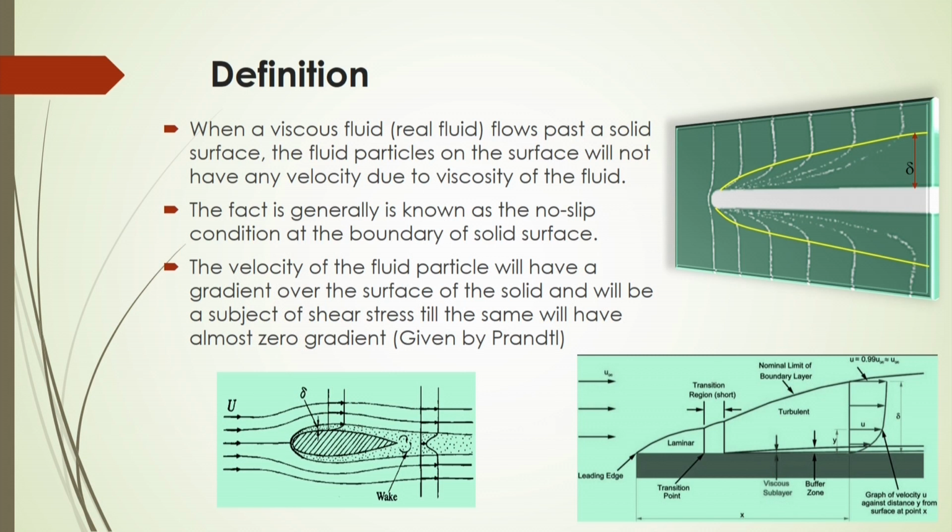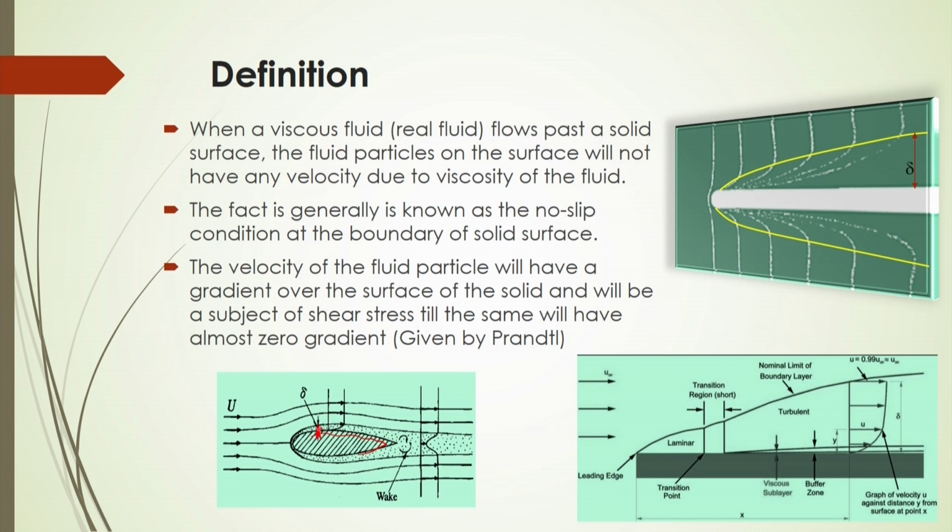This was given by Prandtl. In the previous lecture we also discussed the boundary layer, and that there will be a layer intermixing by mixing length theory. In this figure you will see an airfoil, and over this surface how the boundary layer, that is the velocity profile, changes.